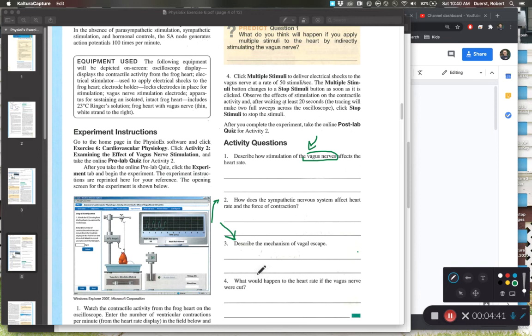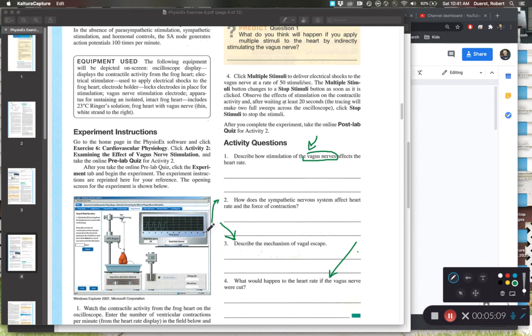As we look at the heart rate, if the vagus nerve was cut, the baseline heart rate before you had the vagus nerve connected is higher compared to when the vagus nerve is disconnected and not being highly stimulated. This implies that the vagus nerve is always giving some low-lying stimulation to the heart to help reduce the heart rate while we are at rest.